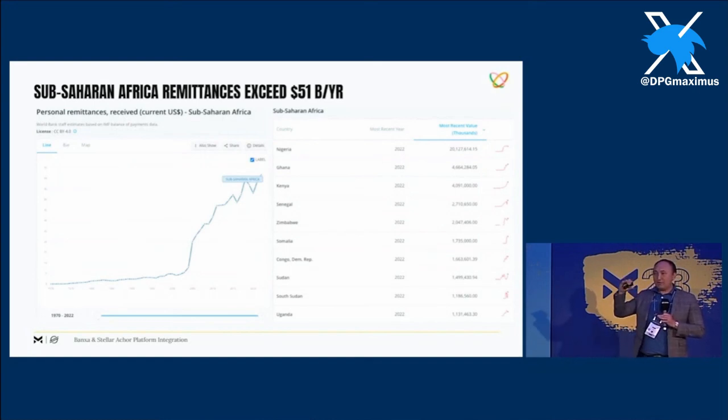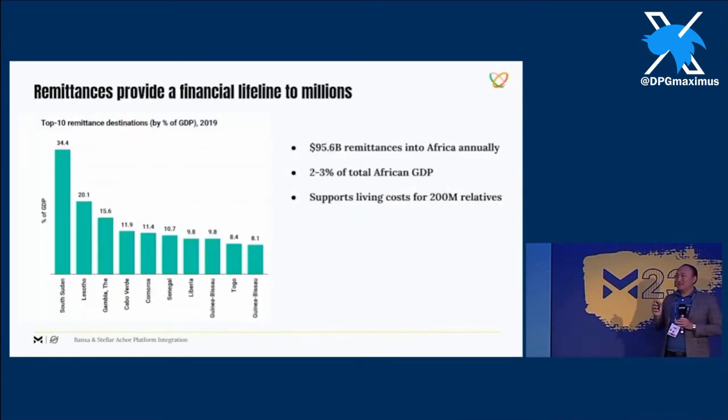And so there are several markets that are very important when it comes to remittances. And most importantly, remittances are incredibly important for the lifeline of the people living there. If you look at how much remittances contribute to GDP, South Sudan, for example, 34% of GDP is remittances. I mean, that's incredible, right?